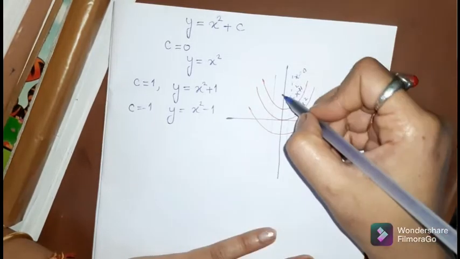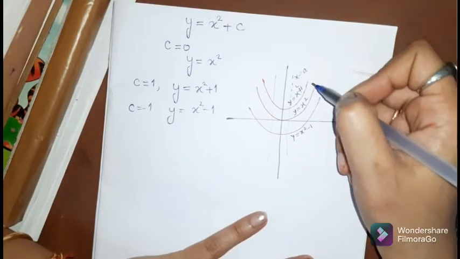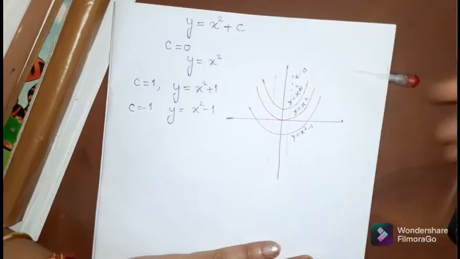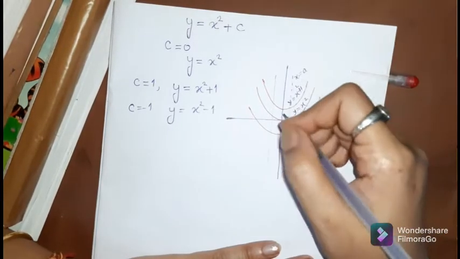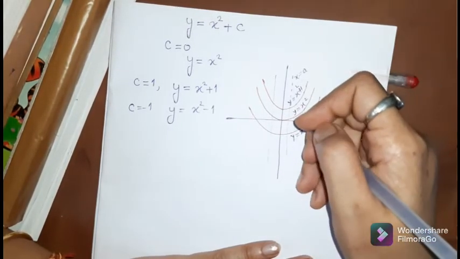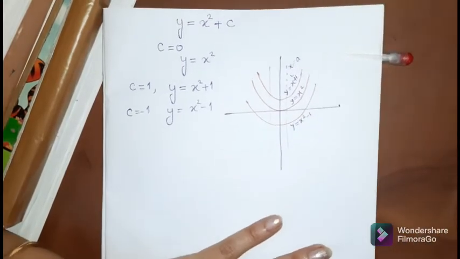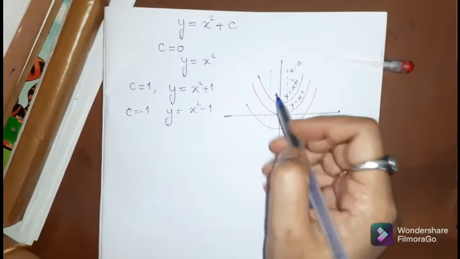Then when you find dy by dx for each and every parabola, that is, when you find the tangent for each and every curve, you will get it equals twice a, which indicates the tangents of these parabolas are parallel.